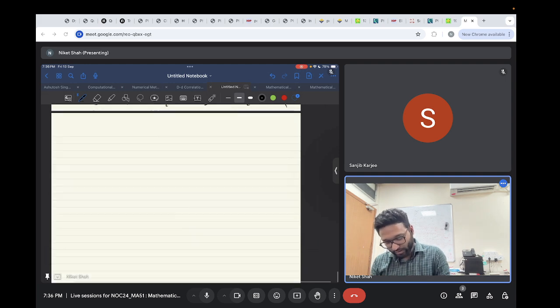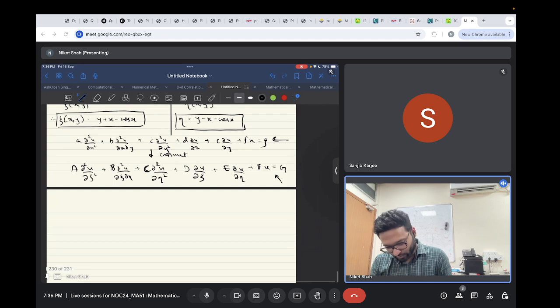This is your canonical transformation. So we have to find these coefficients, capital A, B, C, etc.